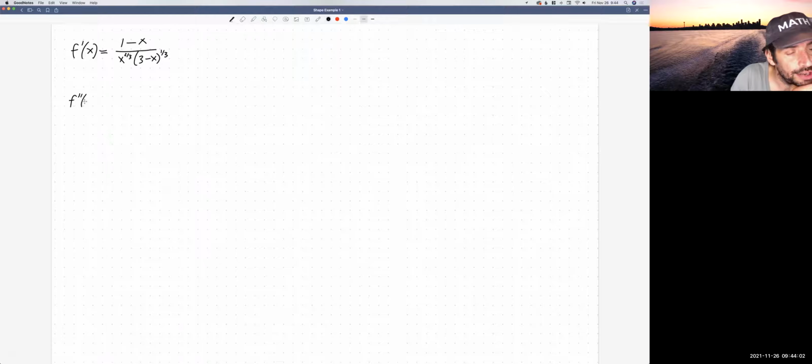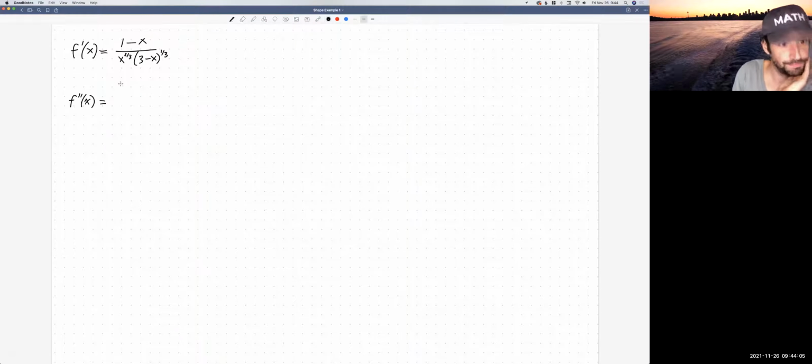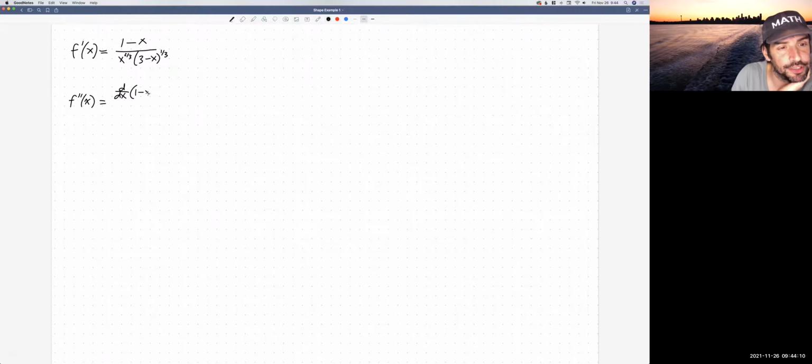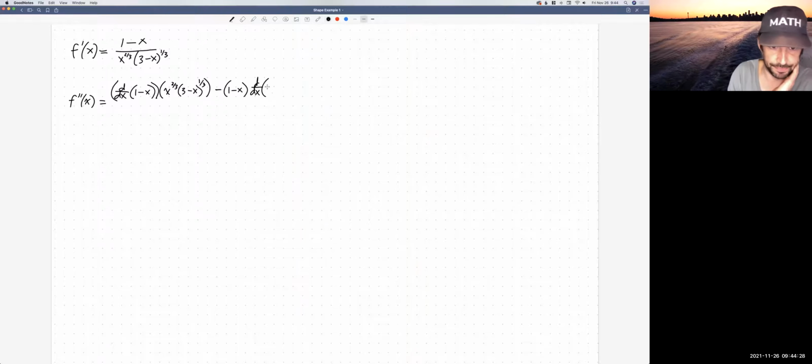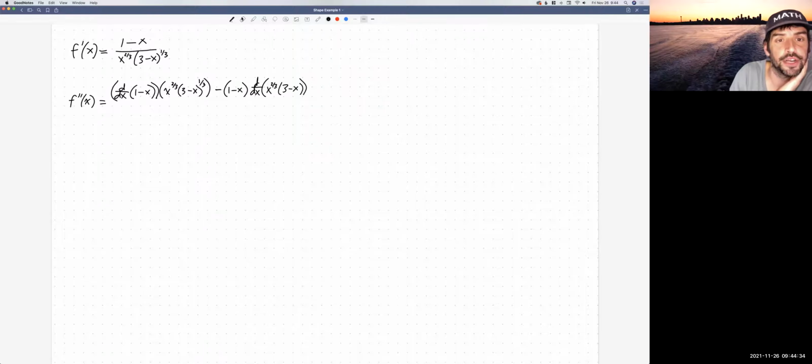So f double prime of x, we're going to need to do the derivative of the top function, leaving the bottom, the denominator function alone, x to the 2/3, 3 minus x to the 1/3, minus 1 minus x times the derivative of the, oops, I forgot my power there, of the function in the denominator.